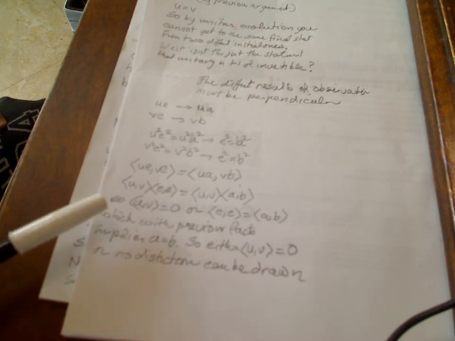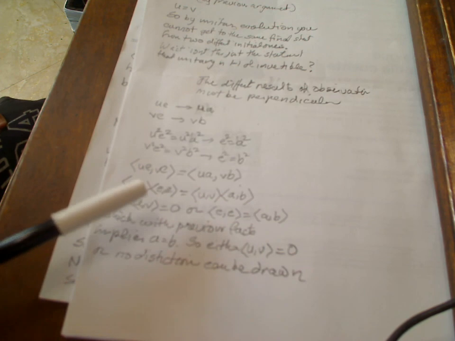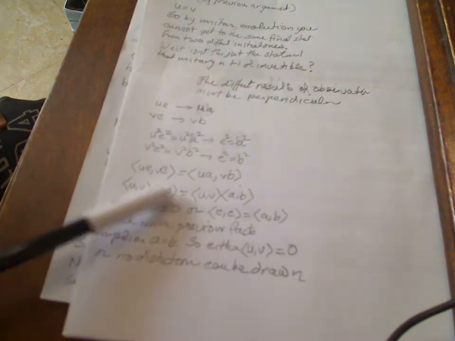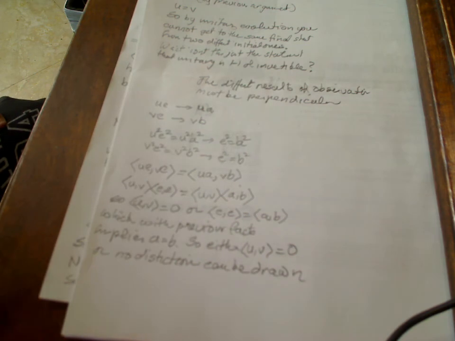And now you again have two choices. Either (u, v) is 0, which makes that true, or you have that (e, e) is equal to (a, b).